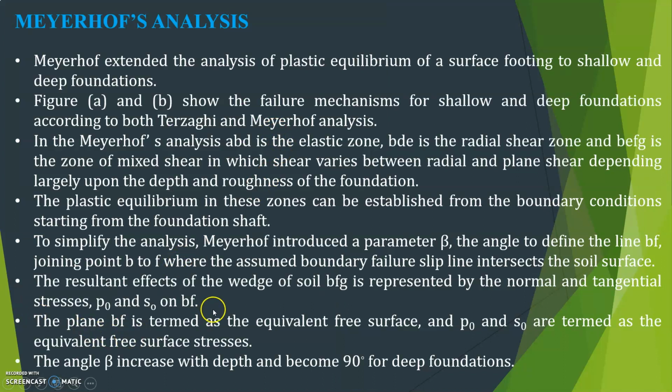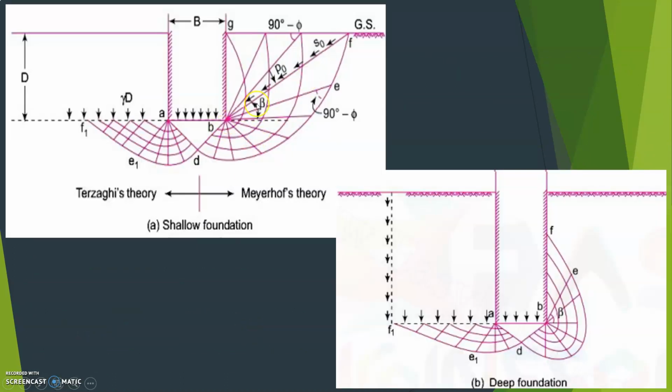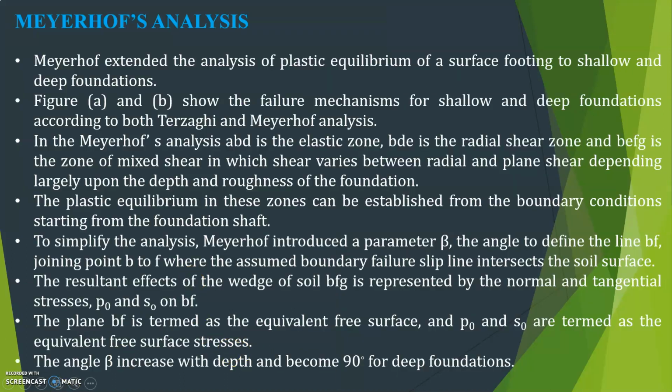The plane BF is termed the equivalent free surface, and P0 and S0 are termed the equivalent free surface stresses. The angle beta increases with depth and becomes 90 degrees for a deep foundation.